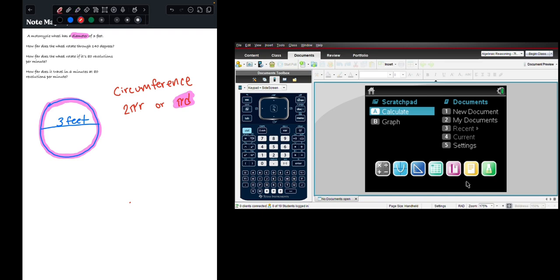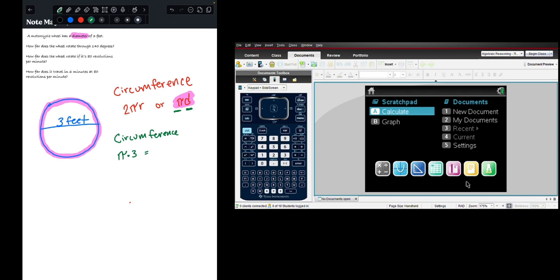So we can avoid any extra necessary steps. So the circumference for this is going to be pi times the diameter. So here it is going to be pi times 3.